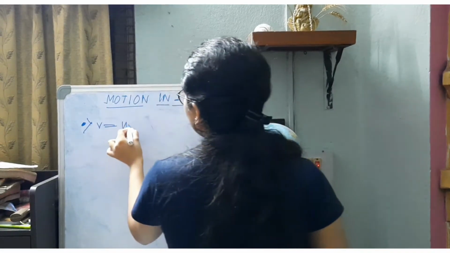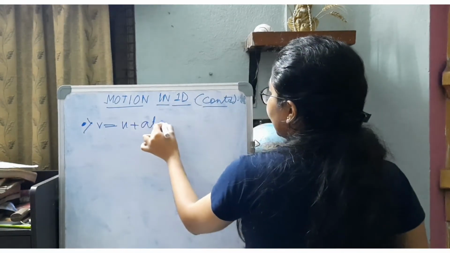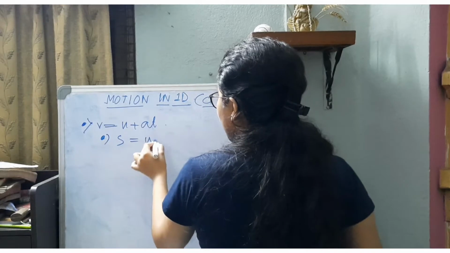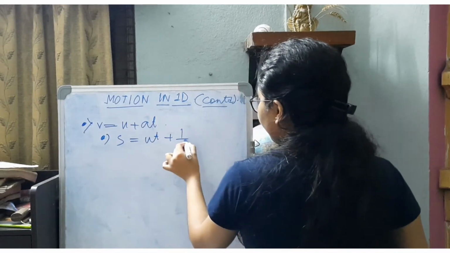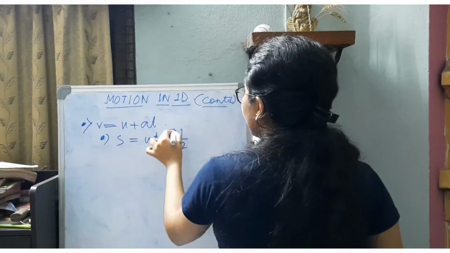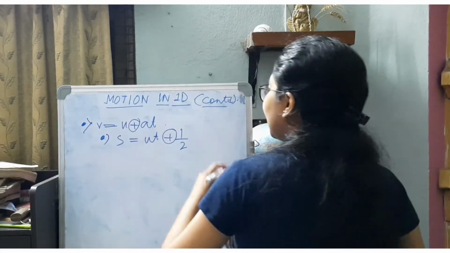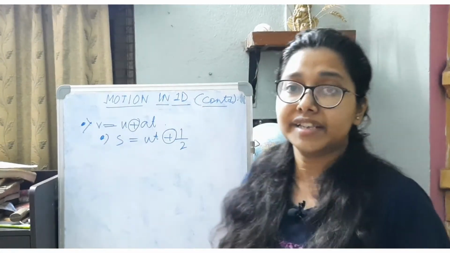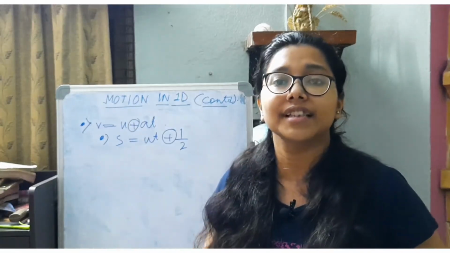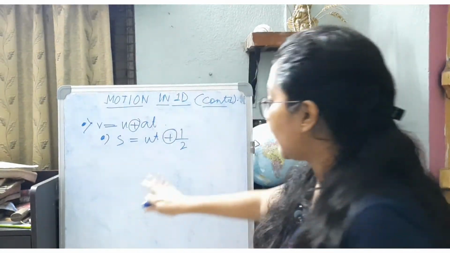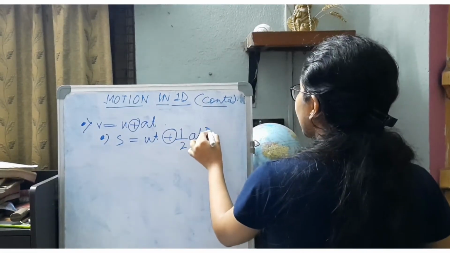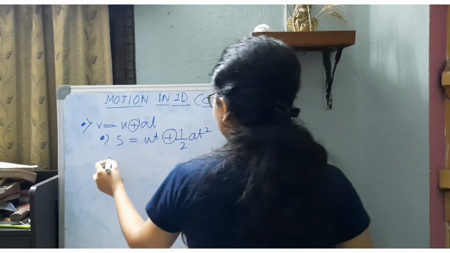The second one is s equals ut plus half at square. Whenever I denote a plus sign, I am considering that there is an acceleration. But if there is a deceleration or retardation, then this will be a minus sign, because the acceleration is negative in that case.